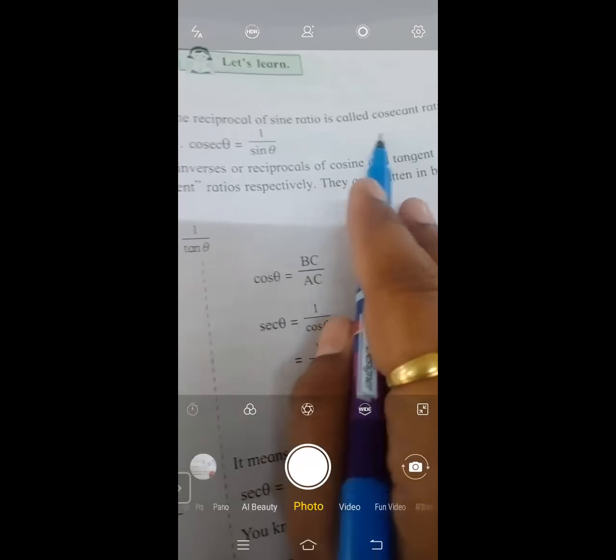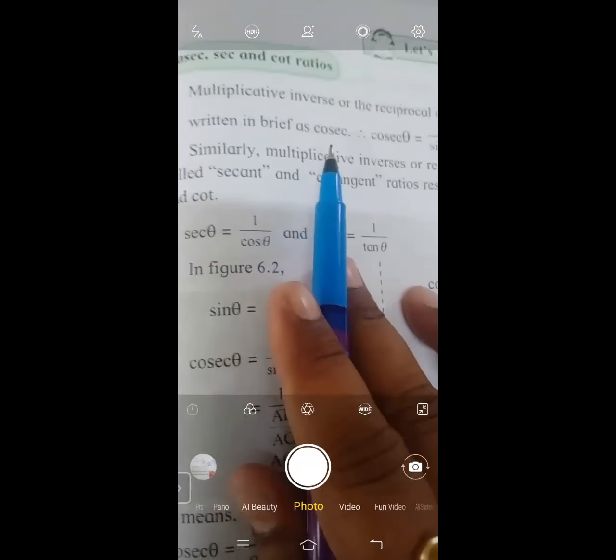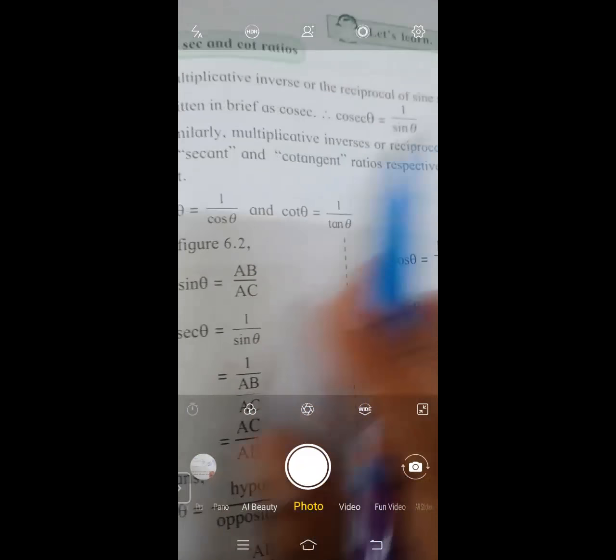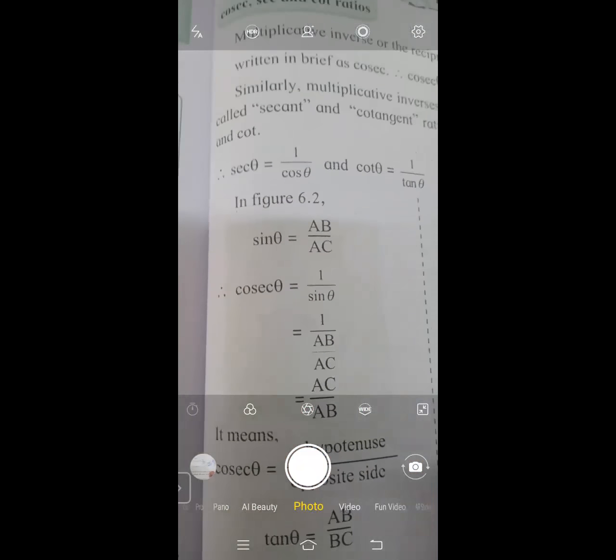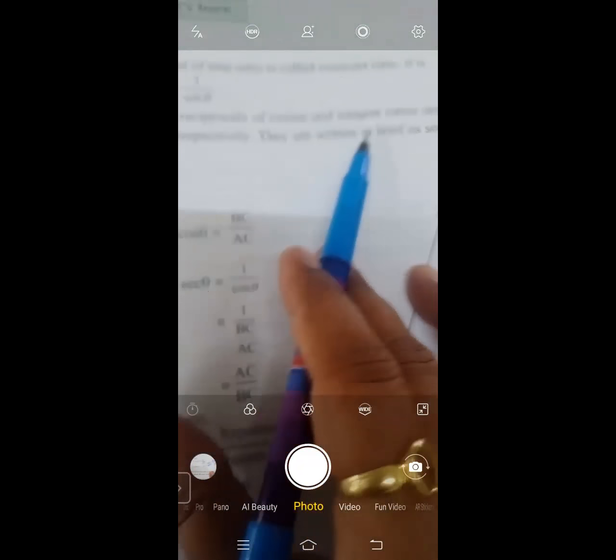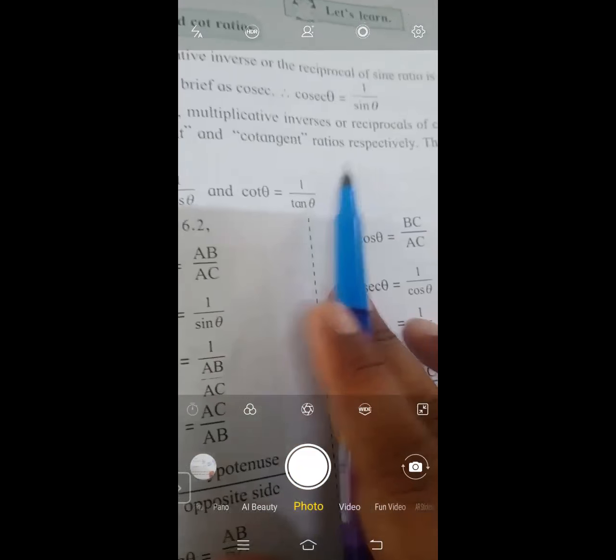Now we will see the multiplicative inverse, or the reciprocal, of the sin ratio is called the cosecant ratio. It is written in brief as cosec. So cosec theta is equal to 1 upon sin theta. We are just going to see in short how these things are derived. Similarly, the multiplicative inverses or reciprocals of the cosine and tangent ratios are called secant and cotangent ratios respectively.